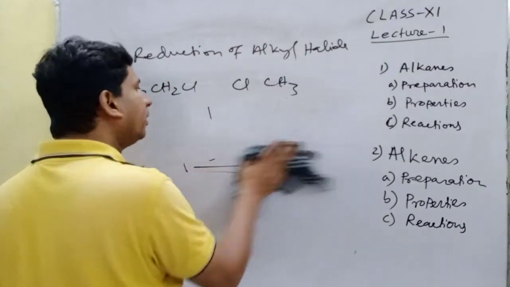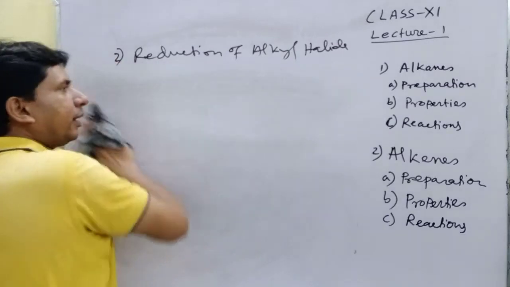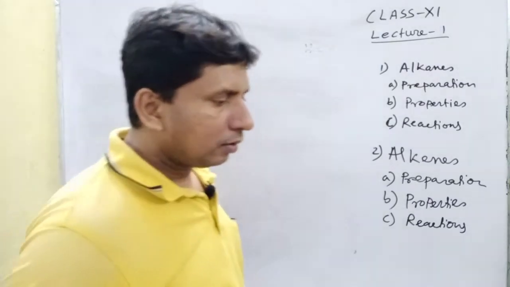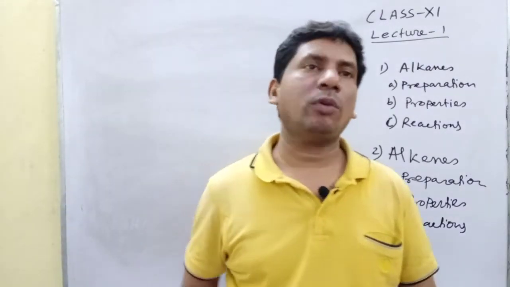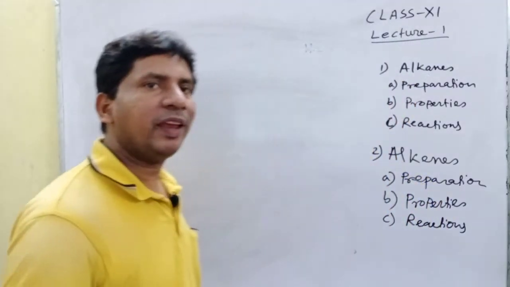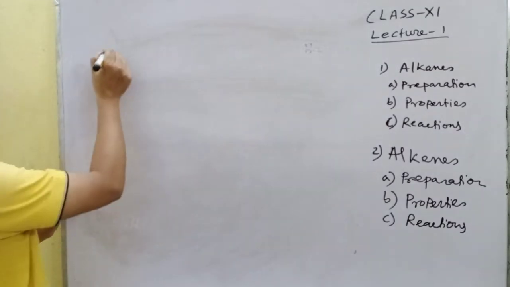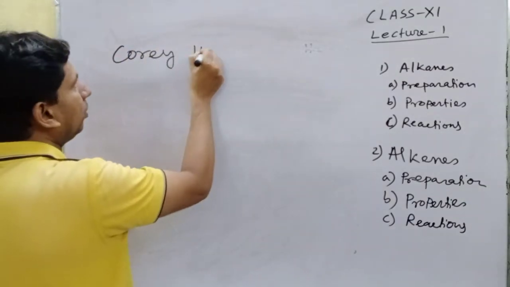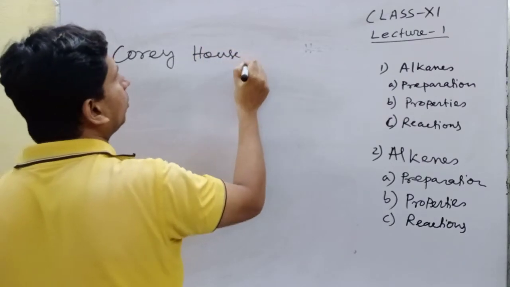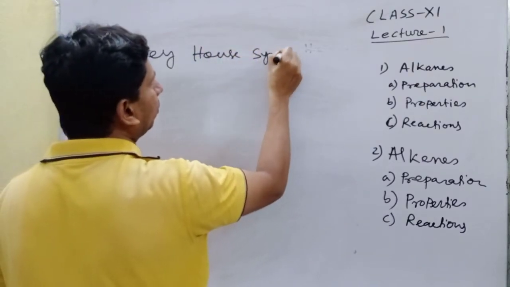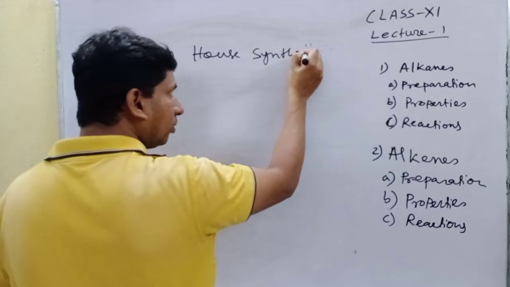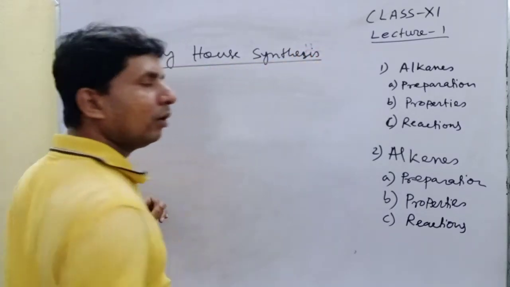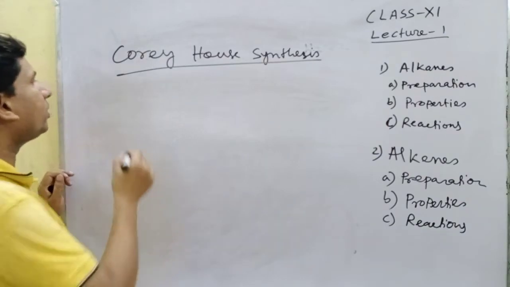So we need a different type of reaction to get odd-number-containing hydrocarbon, which may be Corey-House synthesis. Okay, Corey-House synthesis. What is Corey-House synthesis?